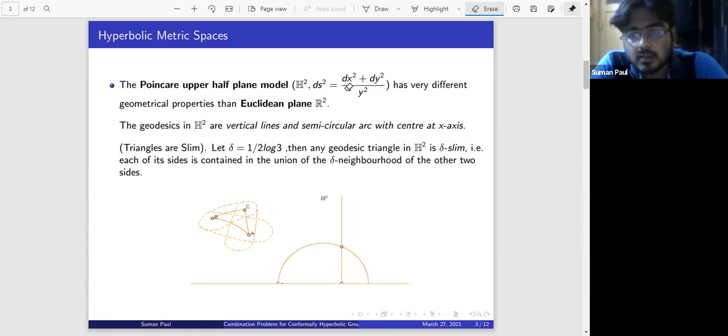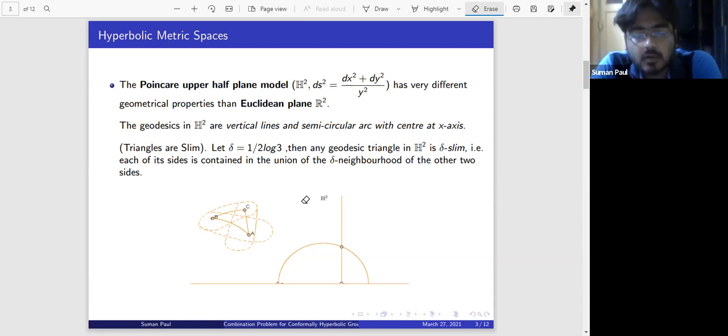There is a factor 1 by y square. This Poincare upper half plane model has very different geometrical properties than the Euclidean plane. We know that geodesics of H2 are basically vertical lines and semicircular arcs whose center is on the x-axis. So these are the geodesics of H2.